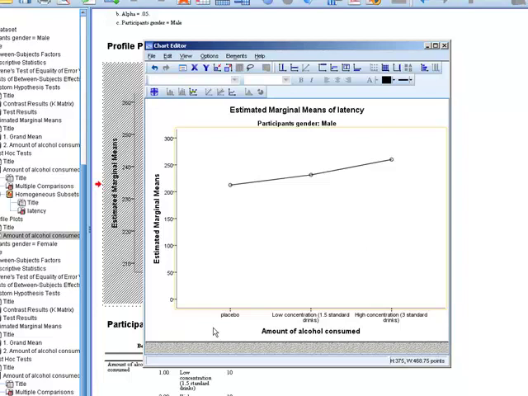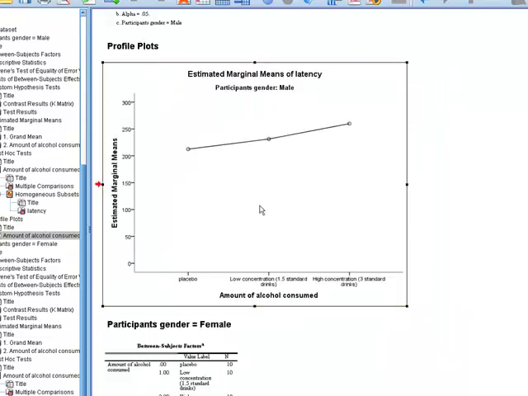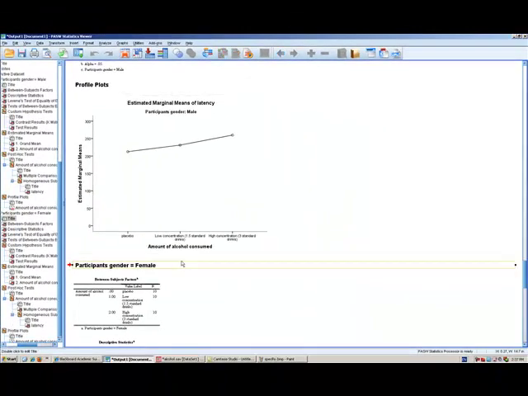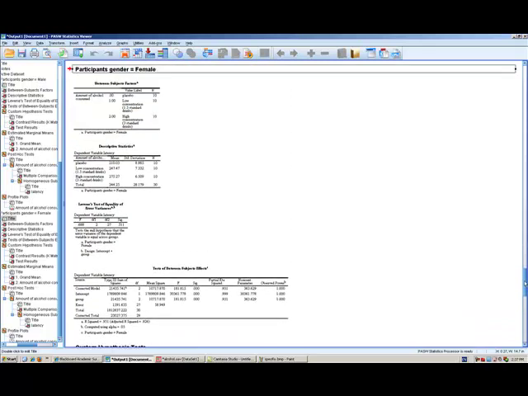And you can see here that the effect is not as dramatic as it first appeared, but it's still clear and self-evident that there's an effect of alcohol on response time latency. So following the male data, we have data for females.